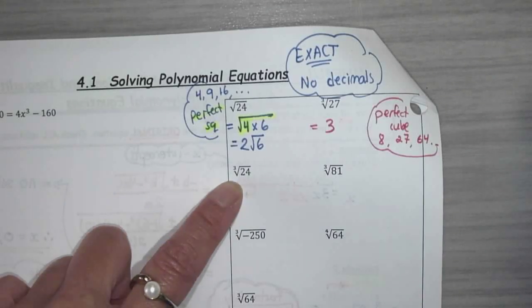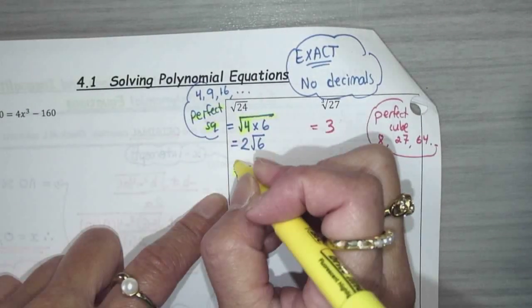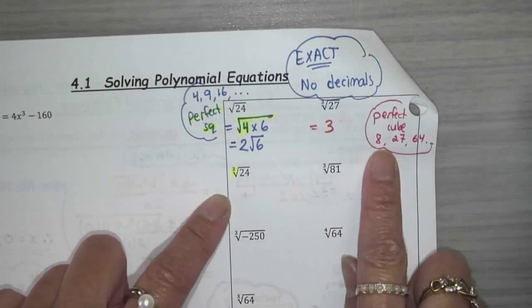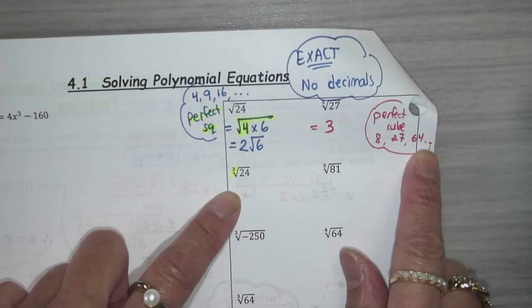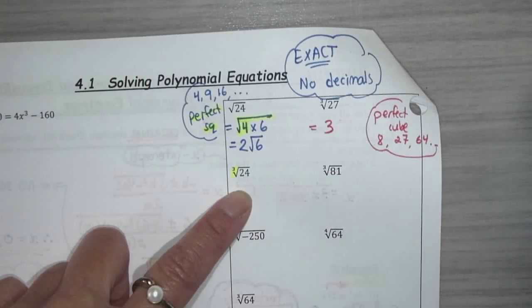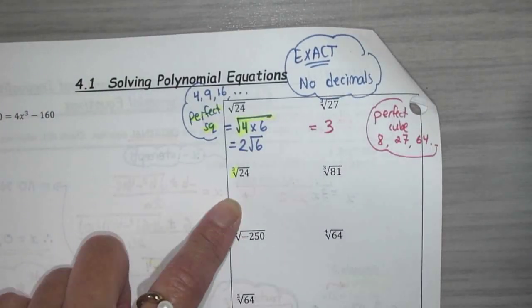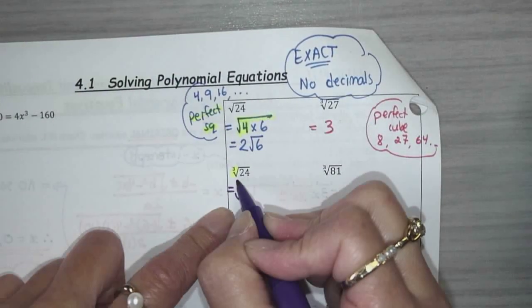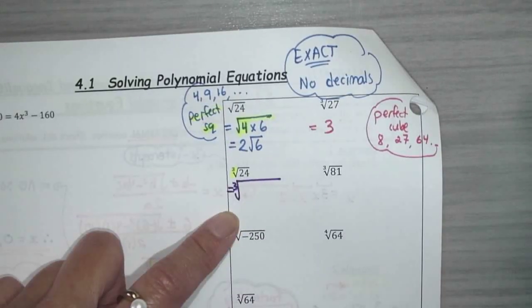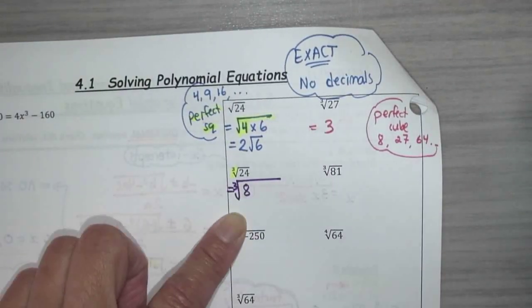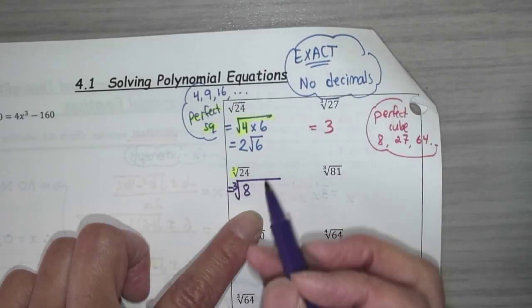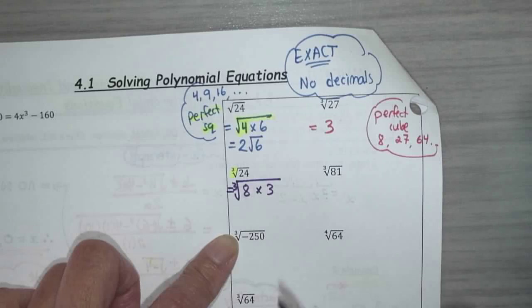So you're looking for a perfect cube. That would be 8, 27, 64 is too big. It's only 8. Does 8 divide into 24? Yes, it does. We're going to go third root, and that would be 8 times 3.